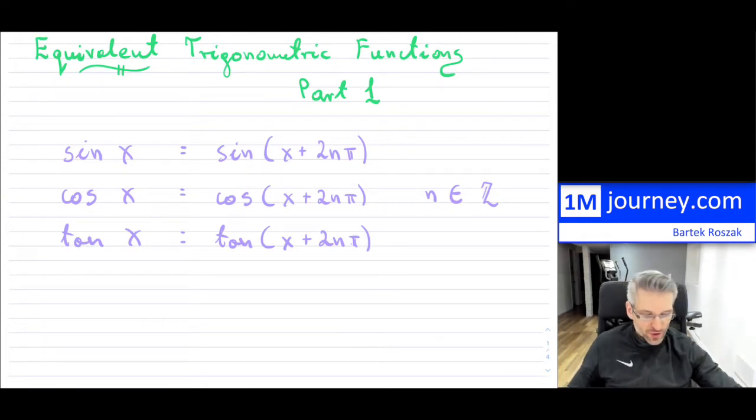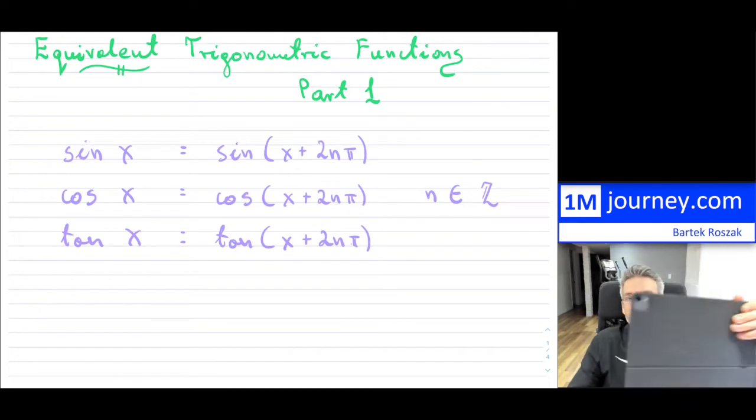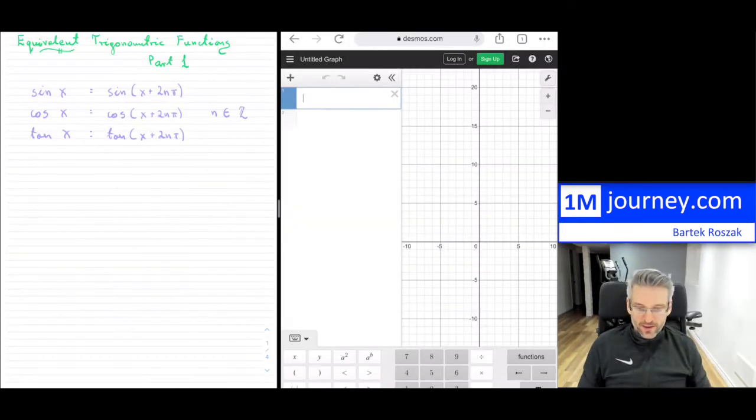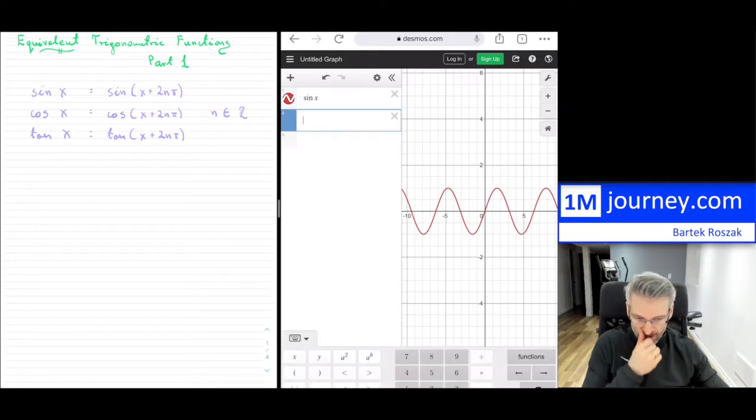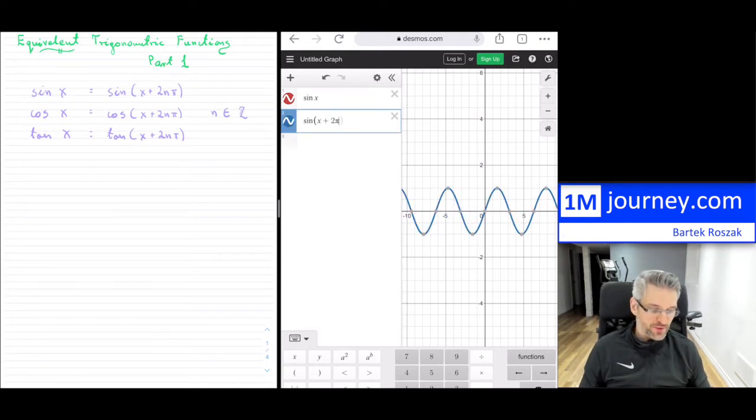So if I would show you this on Desmos, let me pull it up. All right, so here is Desmos. If I put in, let's say, sine of x, so here it is. Let me blow it up a little bit higher. And then I'm going to put in sine of x plus 2π, so notice that it just overlaps our original.